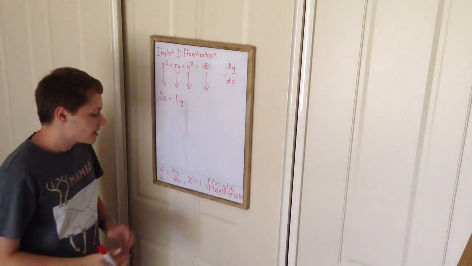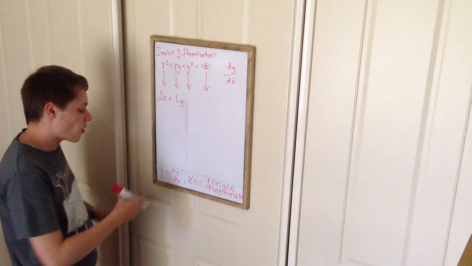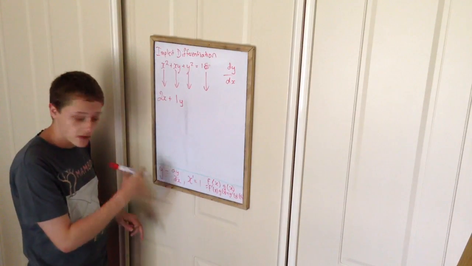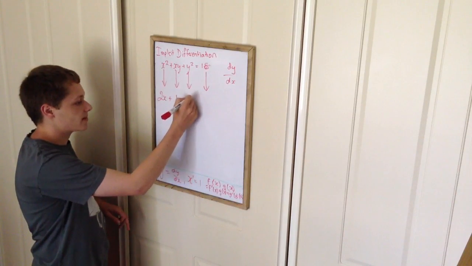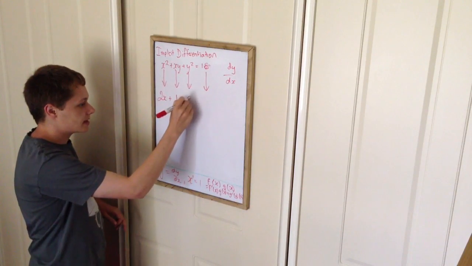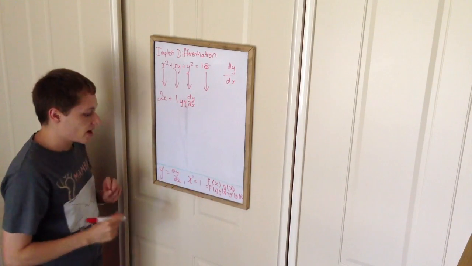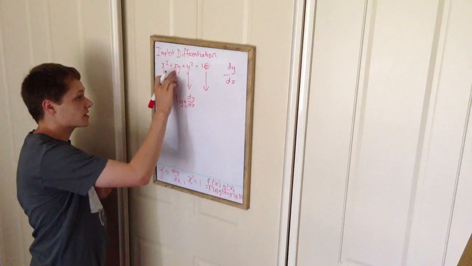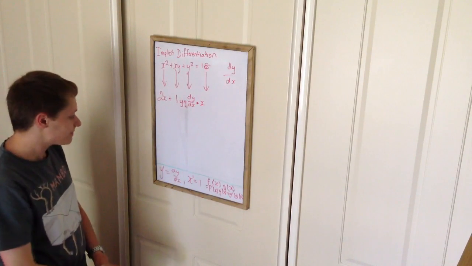Now we find the derivative of our second term y, and again, y prime, when we differentiate it, is dy over dx. So that's plus dy over dx. And then we multiply that by our normal first term, which is just x. Again, that's just the product rule in action there.